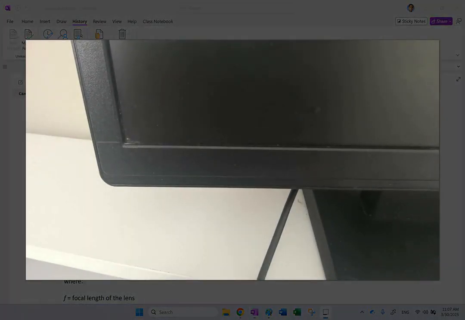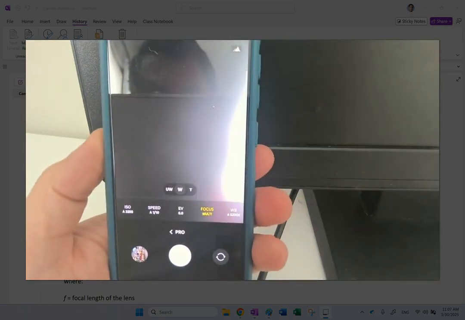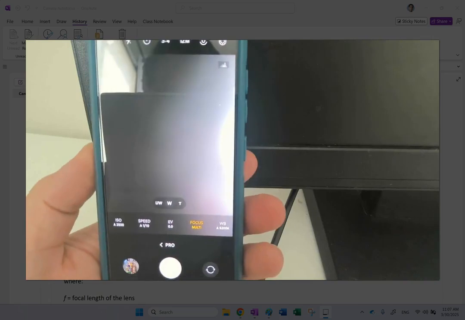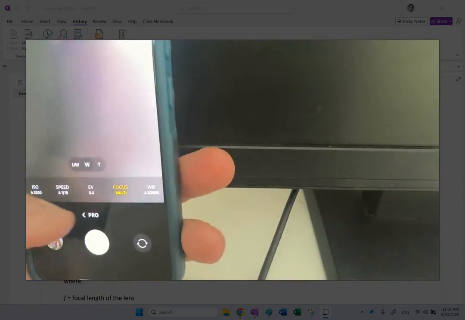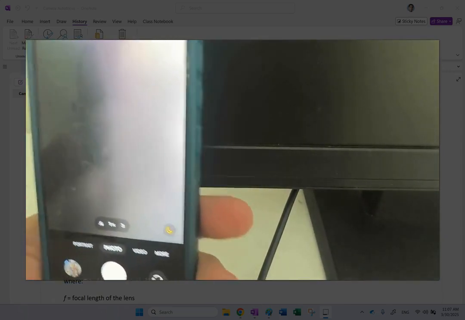Now here I just want to briefly show you on my cell phone, which is a simple cell phone, but still it has these features. When you go to the pictures, you have to change it to the Pro version, because there are other versions too.